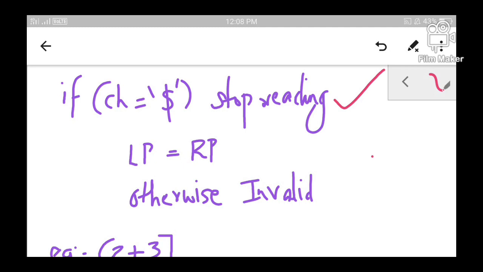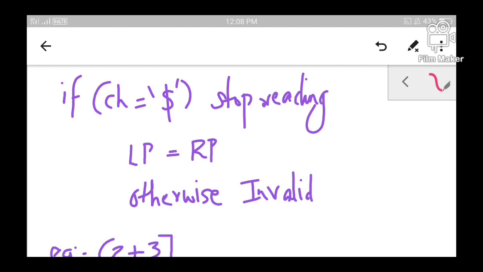Whenever you encounter a dollar sign, you have to check the second condition, which is whether the number of left parentheses and the number of right parentheses are equal. If this is equal, then it shows that the expression is valid. Otherwise, again you can say that the expression is invalid. Okay, so this is how the algorithm works.